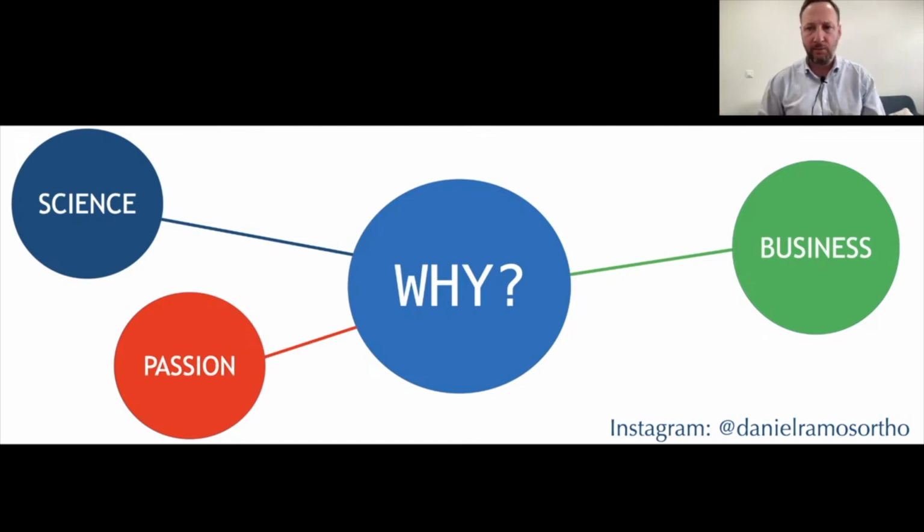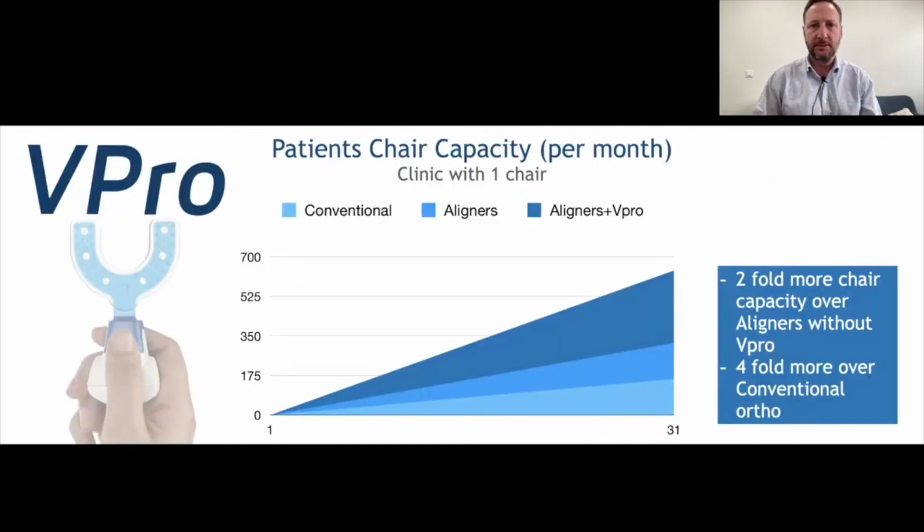And this is the moment that this device changed my practice, changed my business. Here are some numbers just to finish here. Compared to when I was working with braces, the conventional way, and then aligners, and Vipro.